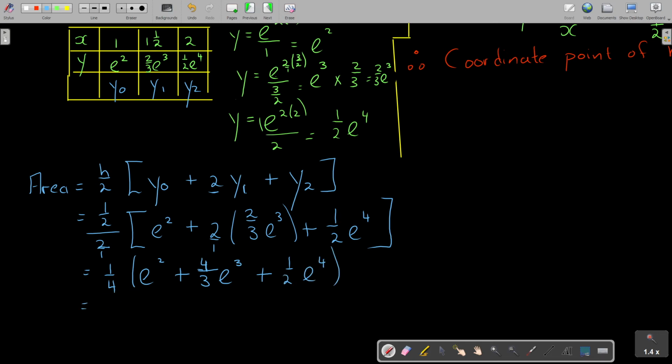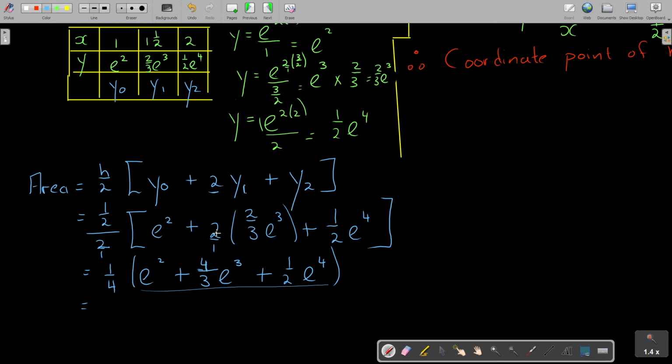Okay. Now you can first press just this on your calculator. So basically, I'm going to press it now again with you. I first press the bracket, and at the end I will multiply by a quarter. So I will press Shift E and then 2. Plus, and then because it's more than 1, I put a bracket. So plus bracket 4 divide 3 multiply Shift E 3 close the bracket.